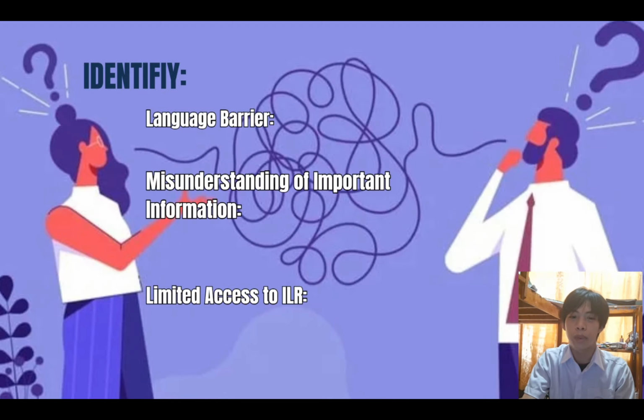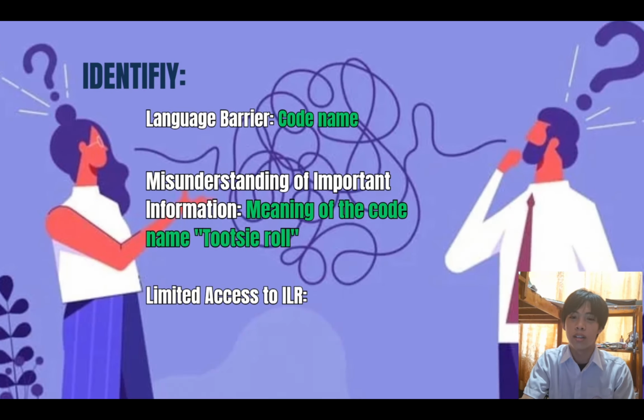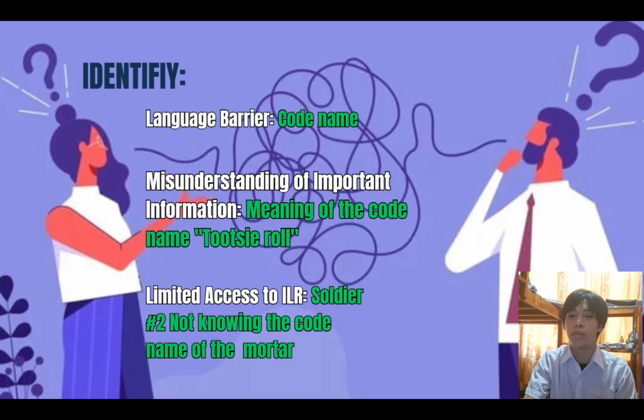Well, the language barrier is the code name of the mortar, which is Tootsie Roll. The second part, misunderstanding of important information, is the meaning of the code name Tootsie Roll. And lastly, which person has limited access to ILR? Can you guess? Well, you're correct. It's soldier number 2, not knowing the code name of the mortar.